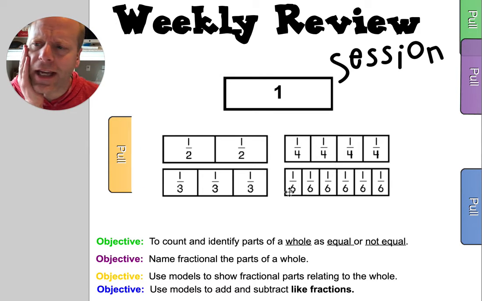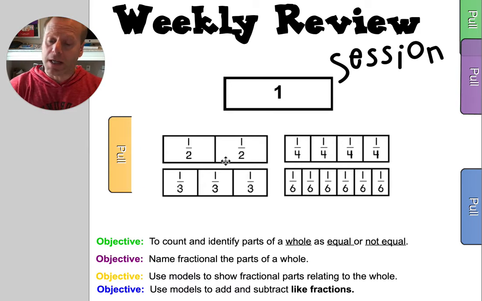So the idea here is that if you cut something apart, you could put it back together, couldn't you? Right? It would take 2 halves to go together to make one whole again. So you can put fractions together to make a whole. It would take 3/3 to go together to be a whole.